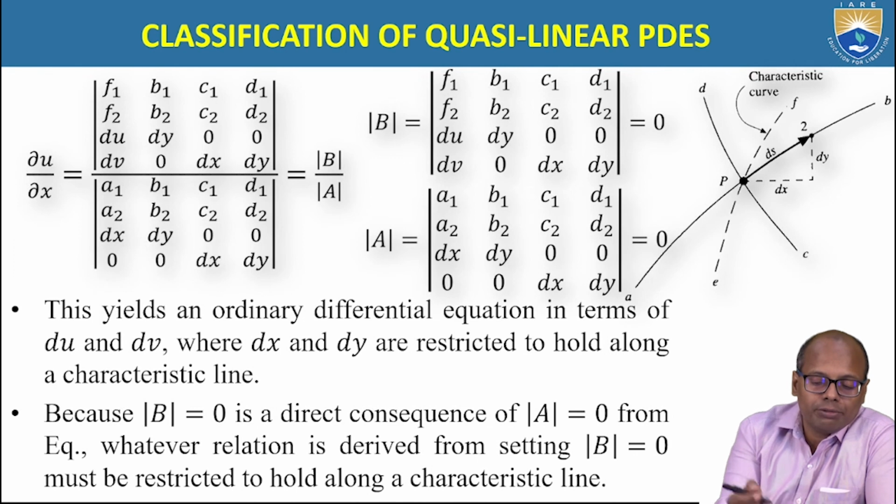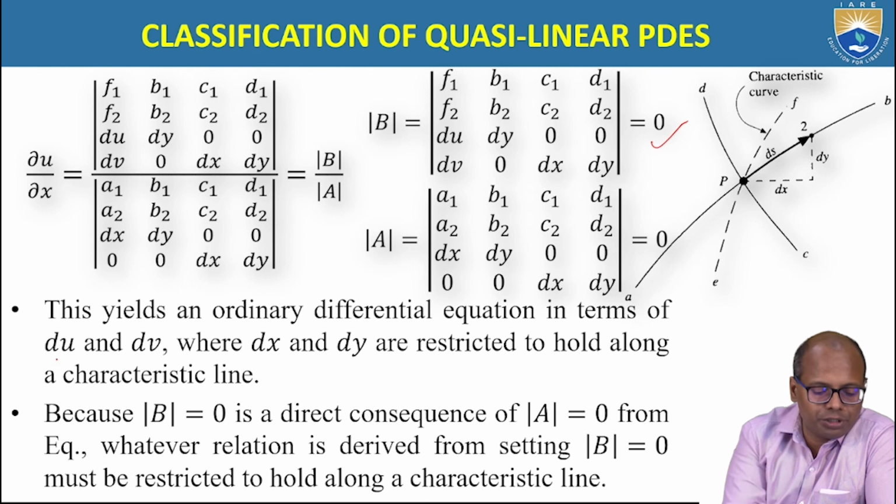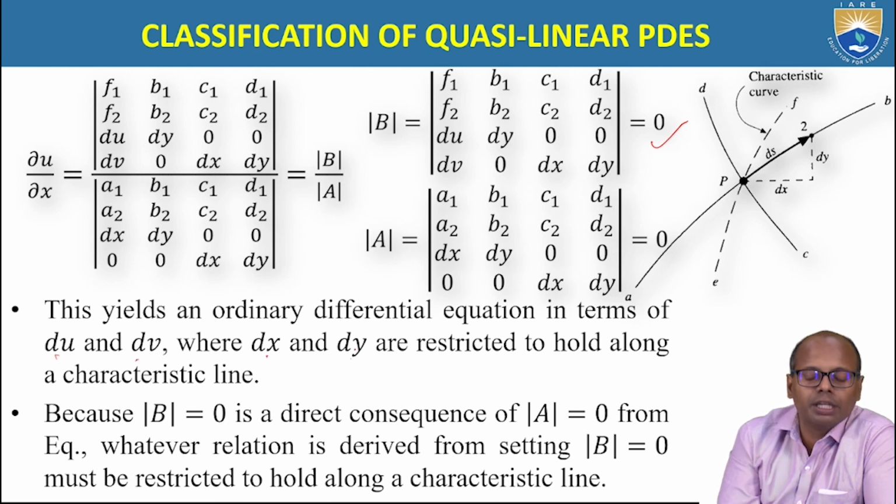Now, if I use det B equal to 0, I can find the values of du, dv, dx, dy which give me the characteristic curve.